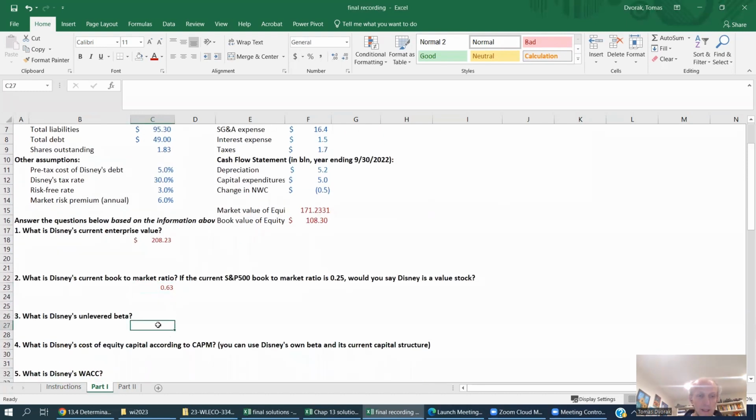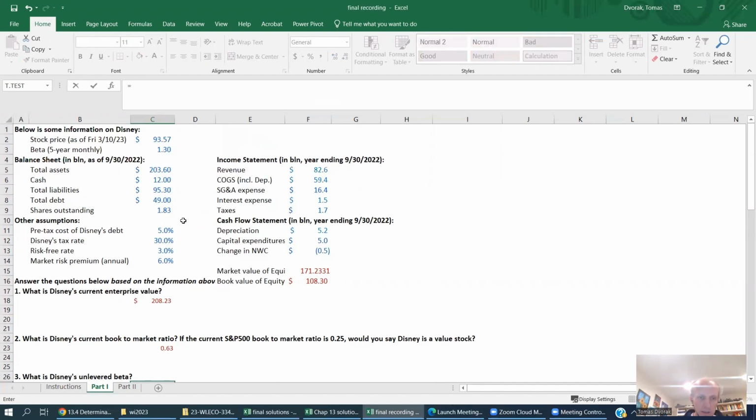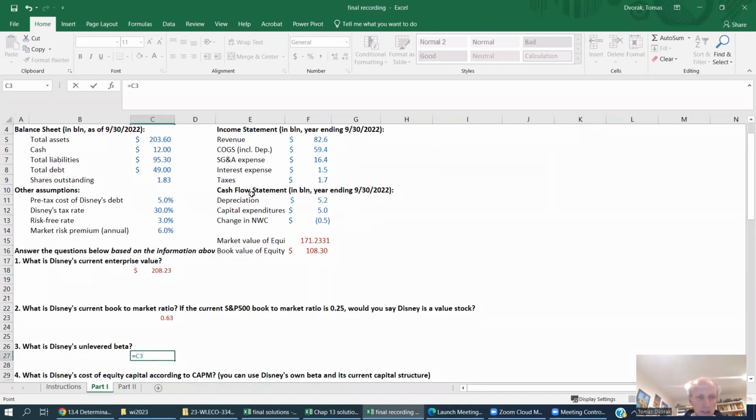What is Disney's unlevered beta? Well, that's just its levered beta, the beta we get from regressing Disney's return on market return.